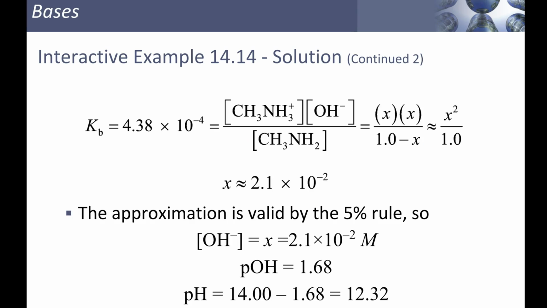So here you go, pOH is 1.68. Because you did the same thing you've done a million times for equilibrium, you found x, then found pOH from x by taking the negative log of this number, and then subtract from 14.